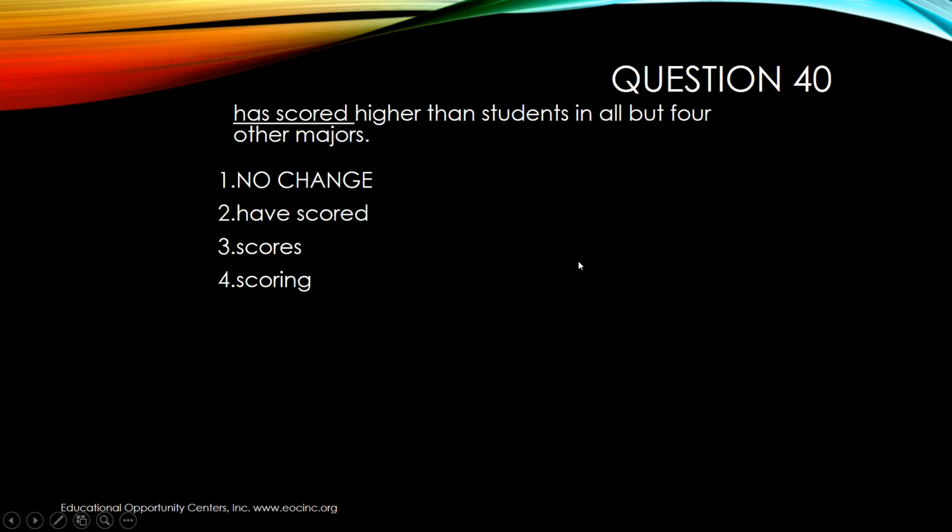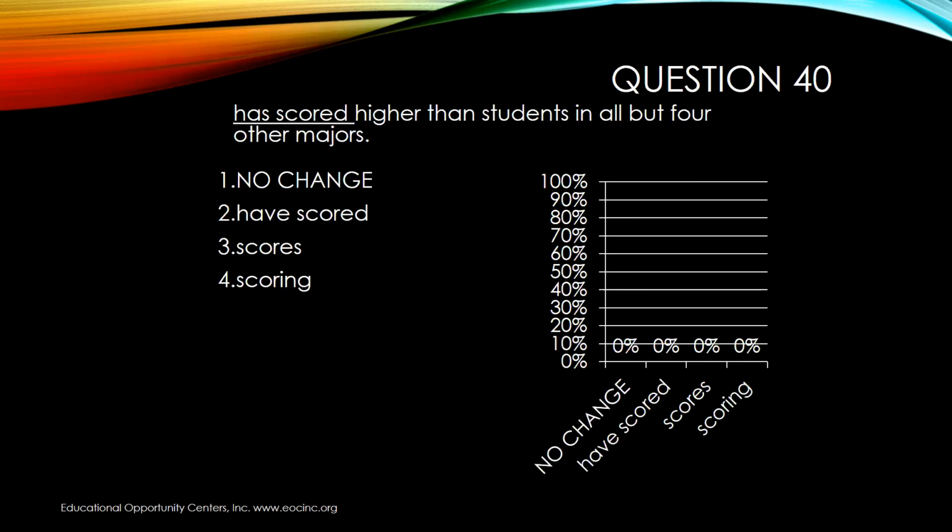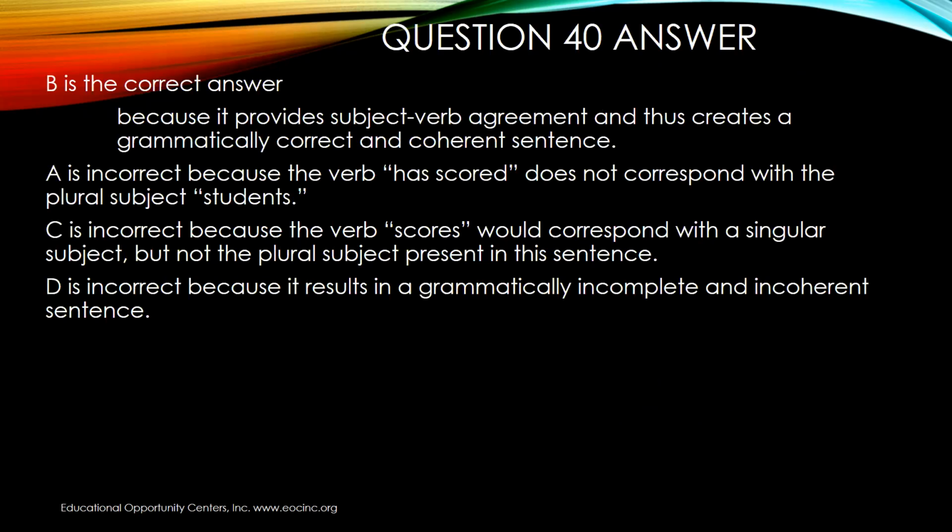How about 40? Has scored is underlined. Carolyn, we have B. Correct answer is B. Good job. You guys seem to get those grammar questions really well.